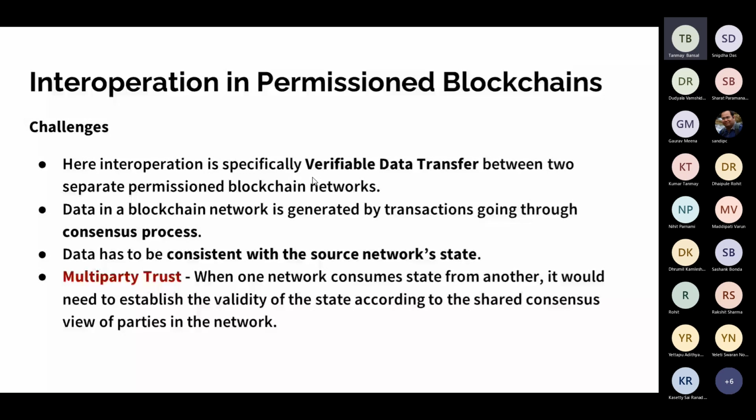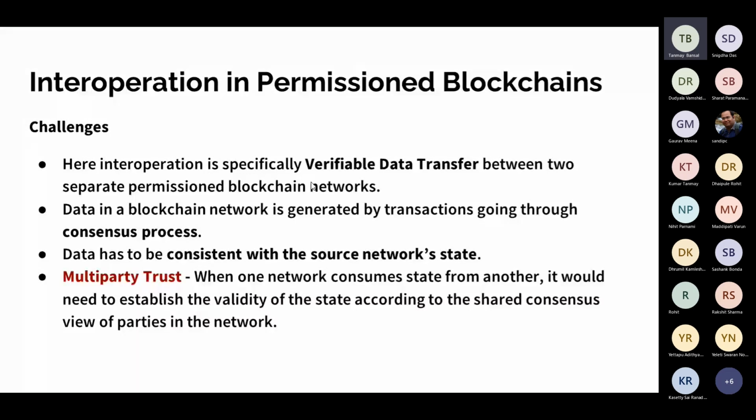Besides that, it is important that the source network, if it is transferring some data to the destination or target network, should be willing to actually share the data, and should be sure that by sharing this data, none of their internal details or confidential information is getting shared with the other party. Similarly, the target network, when receiving the data, should be sure that this is not going to harm their own operation, and will not mess up their existing network data. So that is also important.